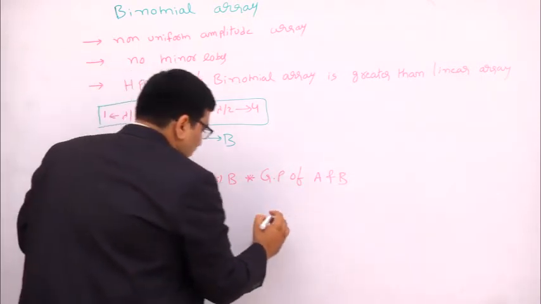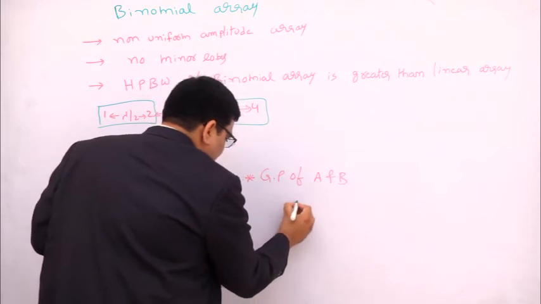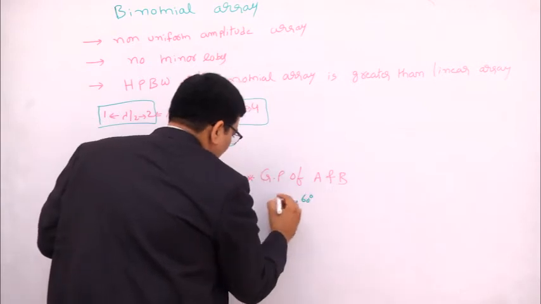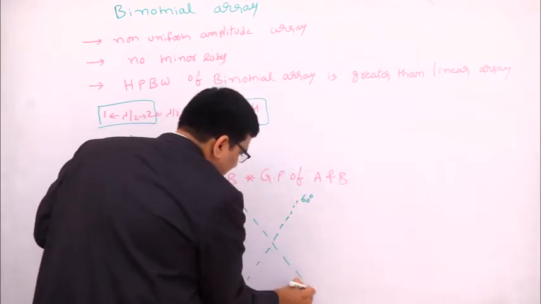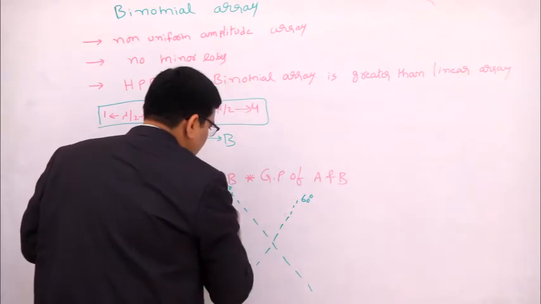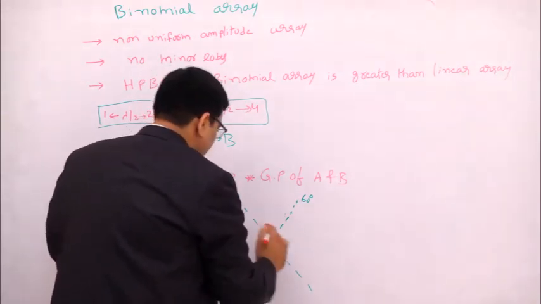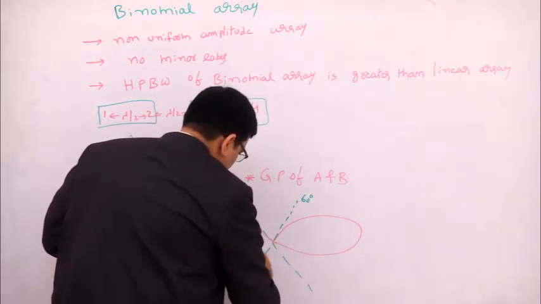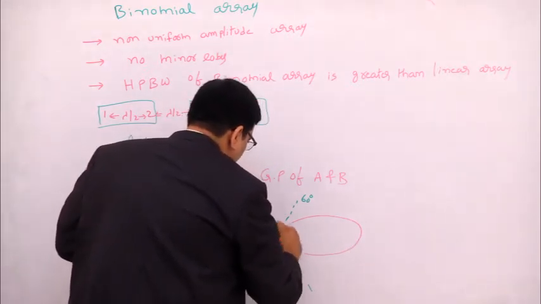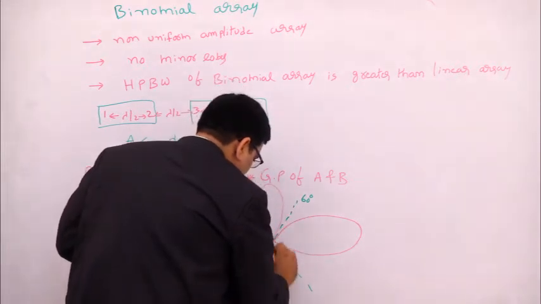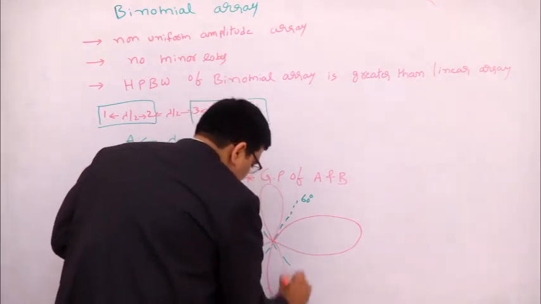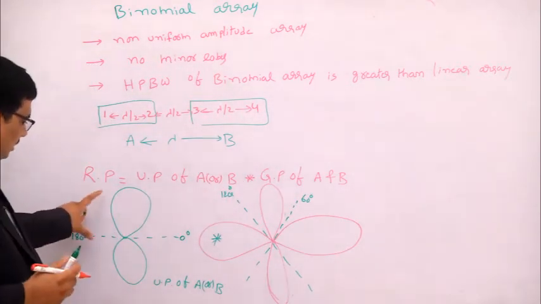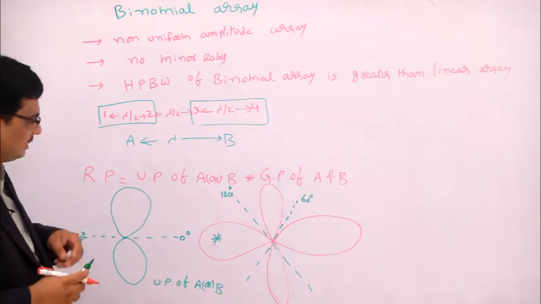So here, at 60 degrees and 120 degrees we have nulls, and in these two directions the radiation pattern is like this, and these are your major beams. So 60 degrees and 120 degrees are nulls, and 0 degrees and 180 degrees are nulls.